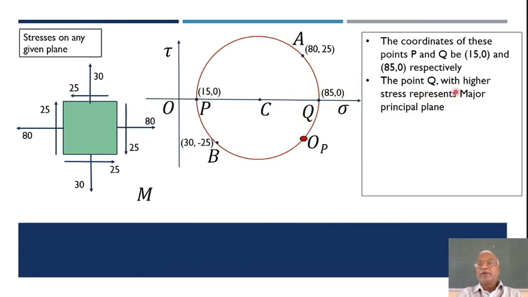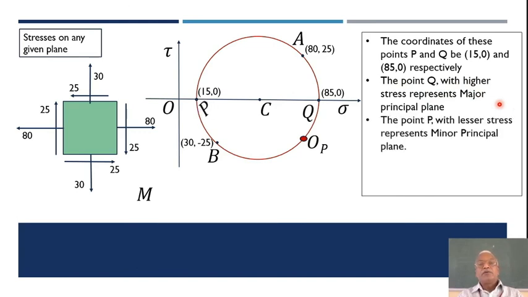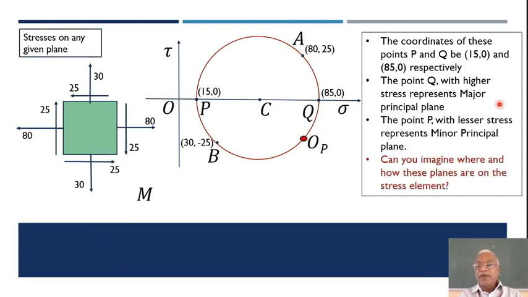The other point, having lesser magnitude, is referred to as the minor principal plane or minor principal stress.